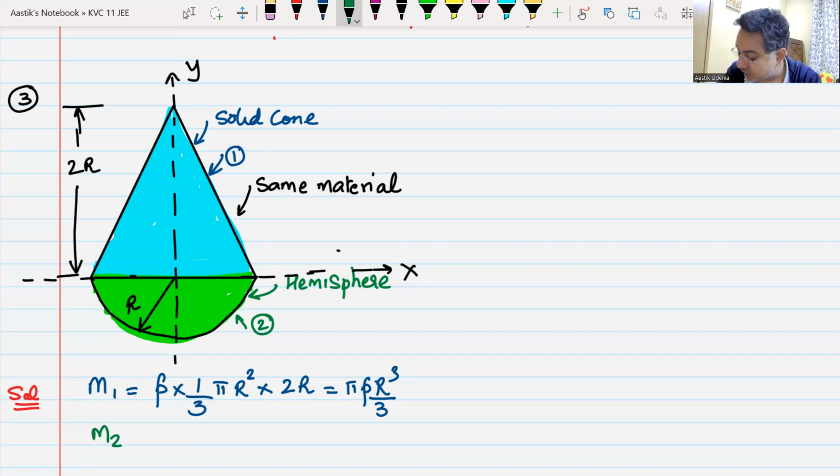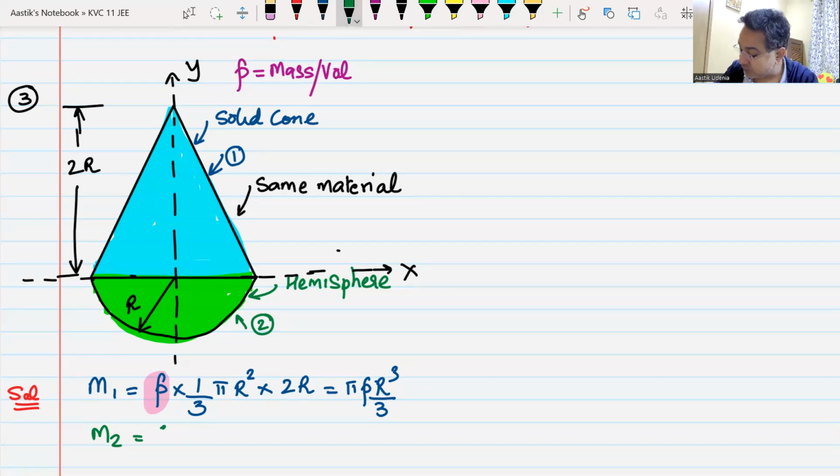Then I have a hemisphere. What is rho here? Mass per unit what? Volume. Density. This is mass per unit volume, this is density.